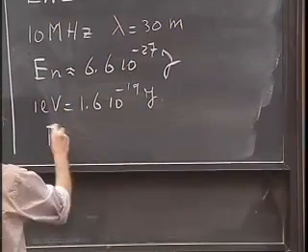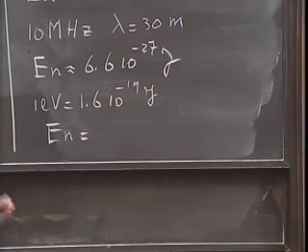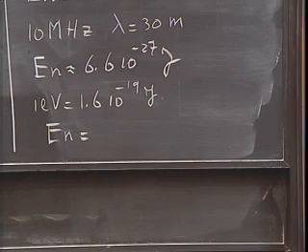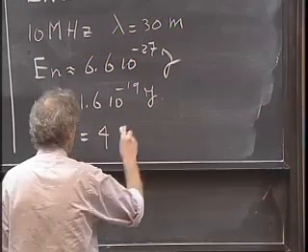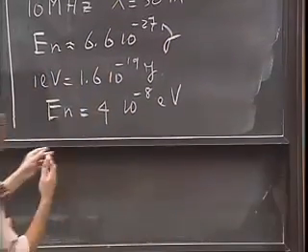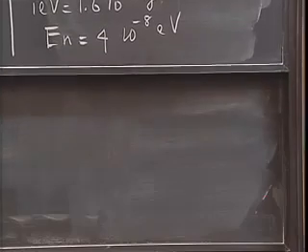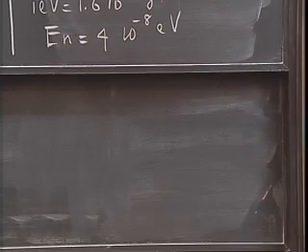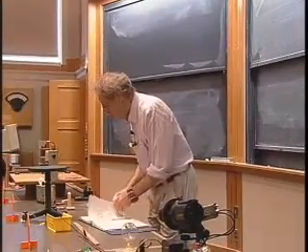And so that energy then becomes a more digestible number, still small, about 4 times 10 to the minus 8 electron volts. I did this exercise only for radio waves, but you can do it for any other frequency that you choose, and we call that then a photon.